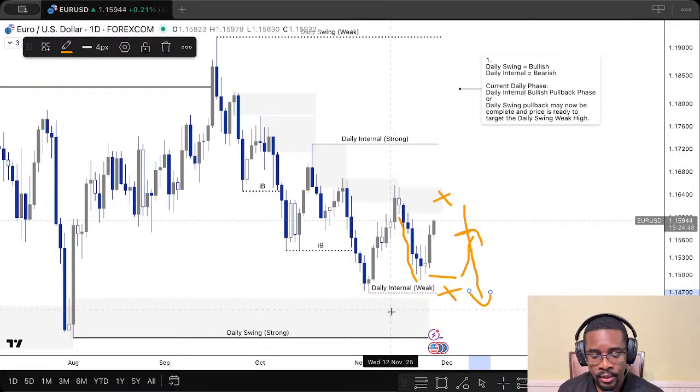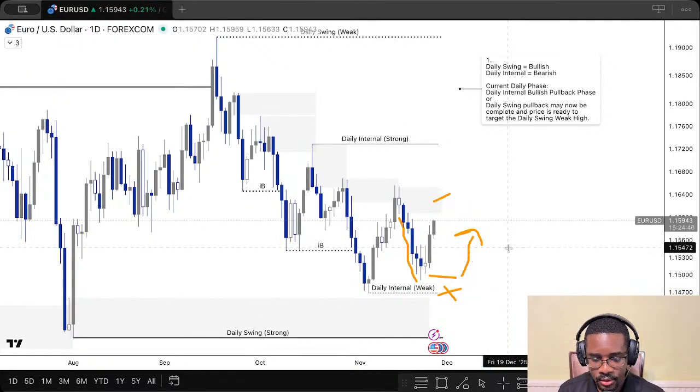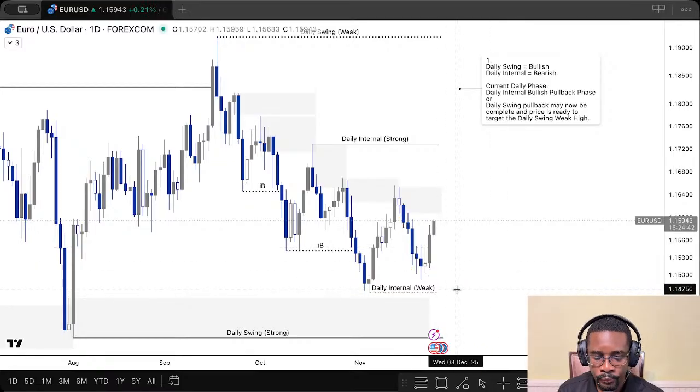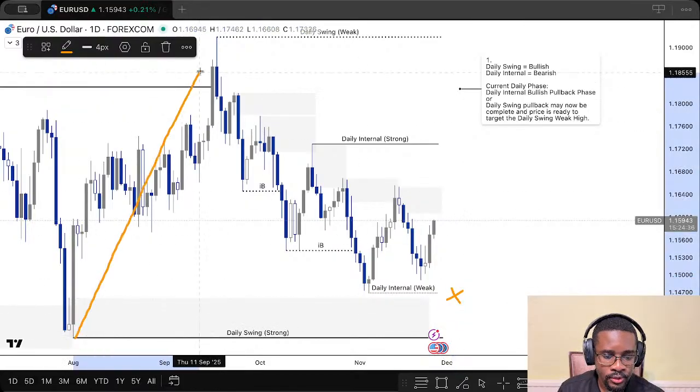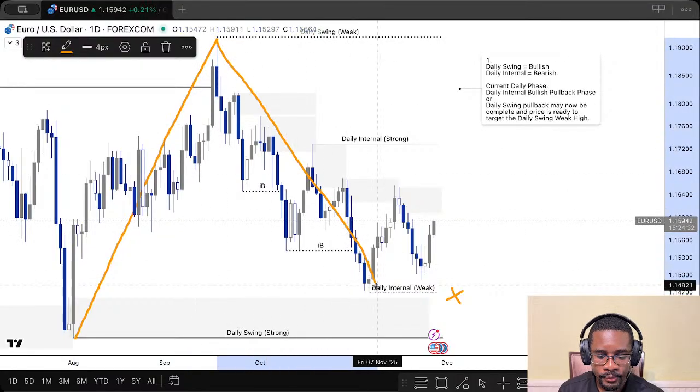Or it could be that the low, the higher low. So remember, the swing is bullish, and all of this was a pullback.